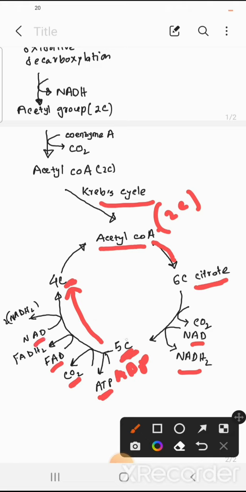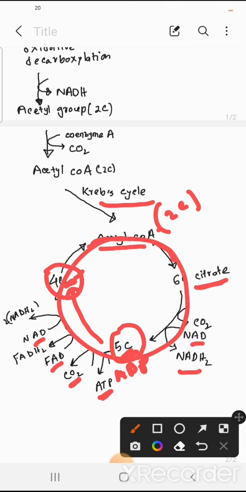Through this process, the 5 carbon molecule becomes a 4 carbon molecule, and this 4 carbon molecule again reacts with the acetyl-CoA. So there's a cycle going on here, and that's why it's called the Krebs cycle. And remember, this cycle goes on 2 times for every molecule of glucose.